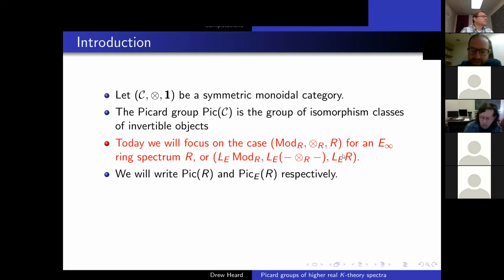And the unit is the E-localization of R. So I'm just going to denote these as either Pic R, or Pic subscript E of R in the E-local case.